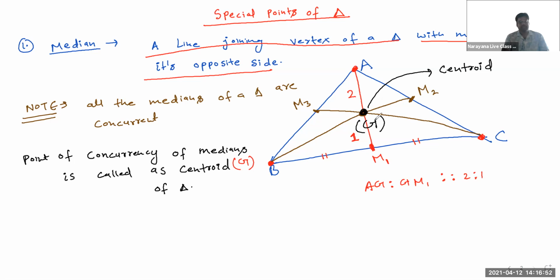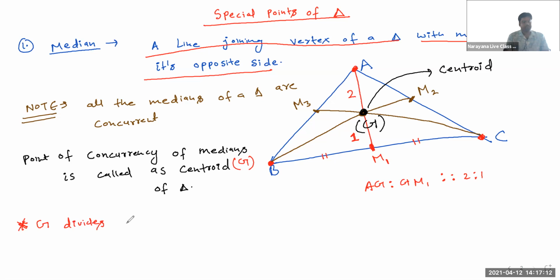It means the centroid divides the segment from vertex to midpoint of the side in the ratio 2:1. You can also write this statement as well. So just write it down as another point in the notes.